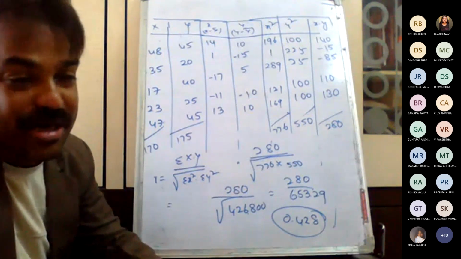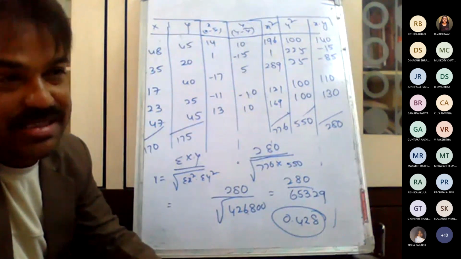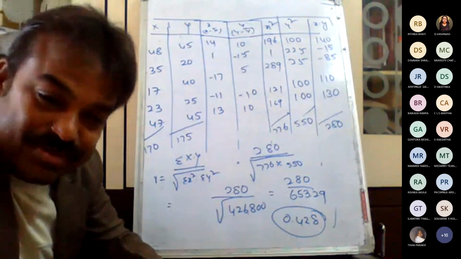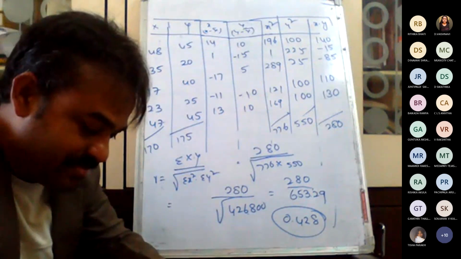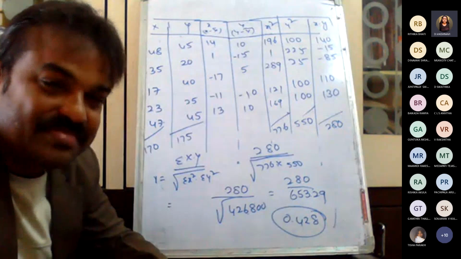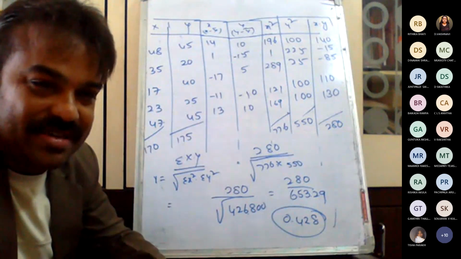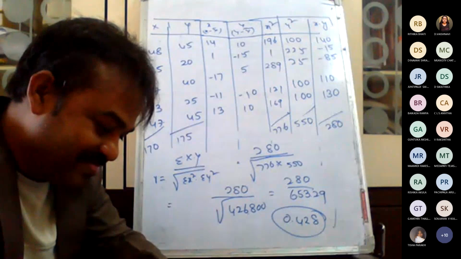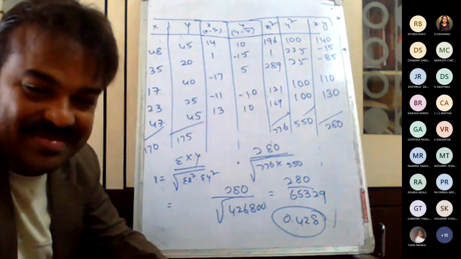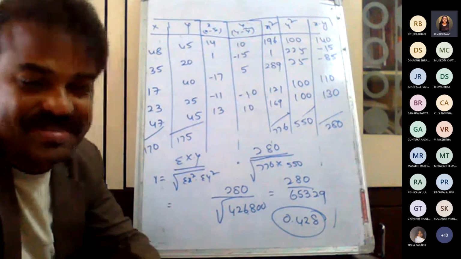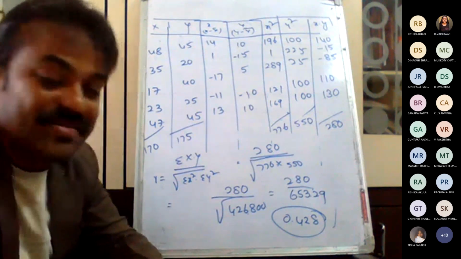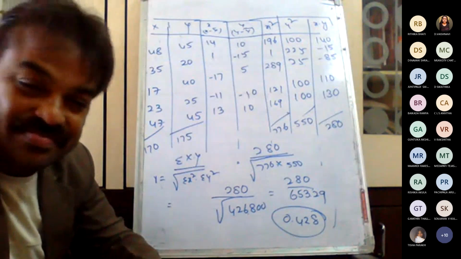It is not always possible that one keeps increasing continuously. Always there are ups and downs. Correct? So this is why we use this formula. Okay?